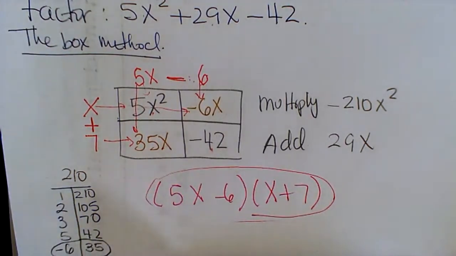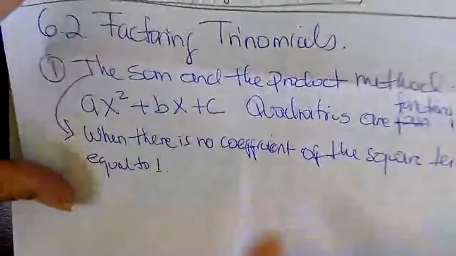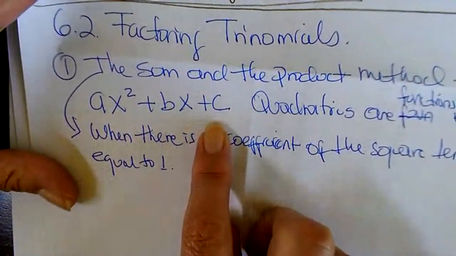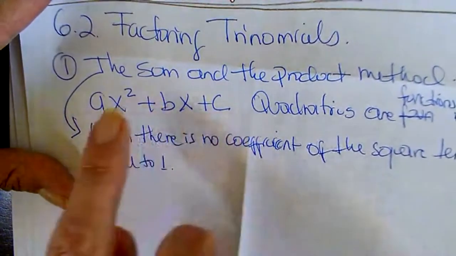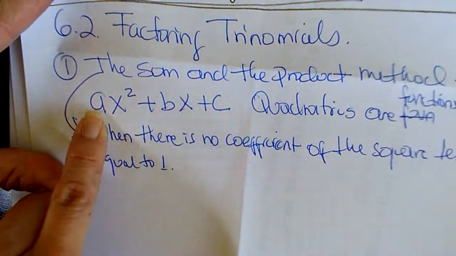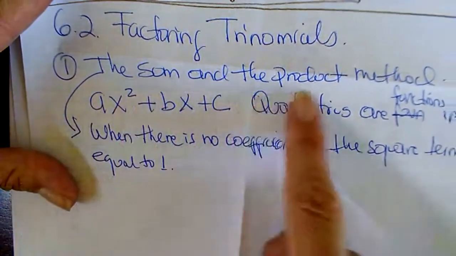So with the first one that we did, what did I do with that? Oh, right here. So we use the first method when we're doing trinomials of this type, the quadratic form. If we have a 1 here, you guys are going to use the sum and the product method.